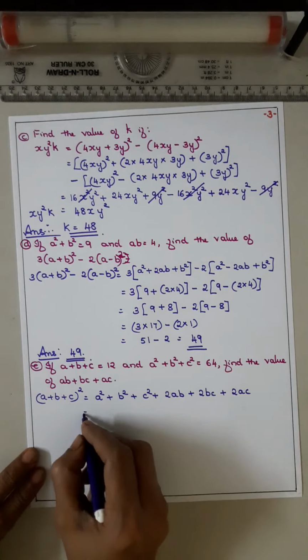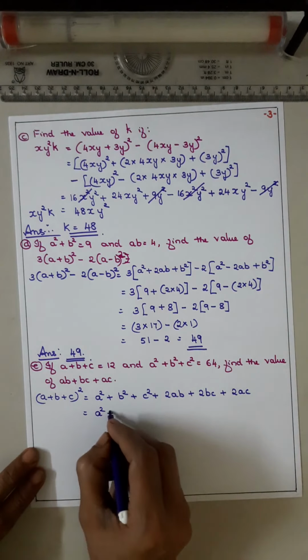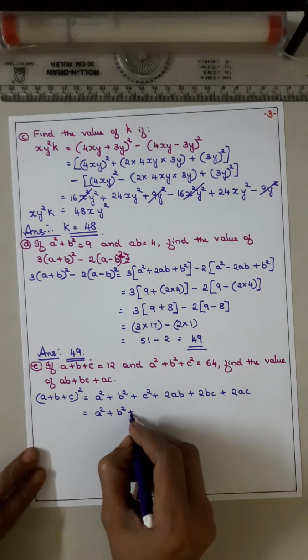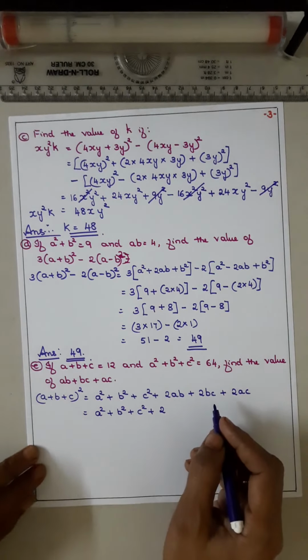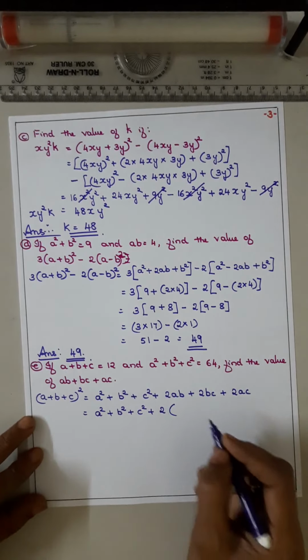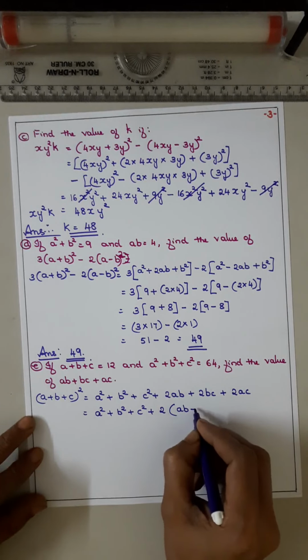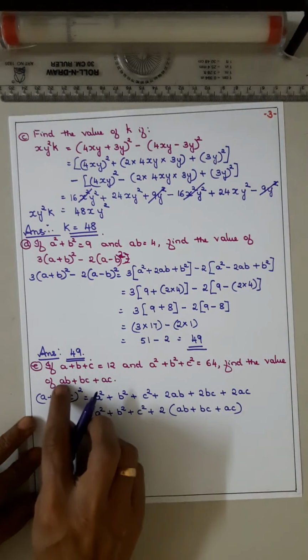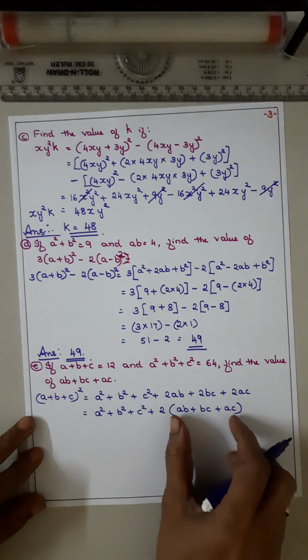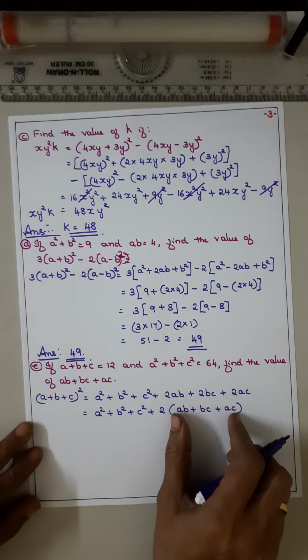So remove it. a plus b plus c the whole squared is a squared plus b squared plus c squared plus 2, take it as common. What is remaining? ab plus bc plus ac. So you have to find the value of this. Okay.